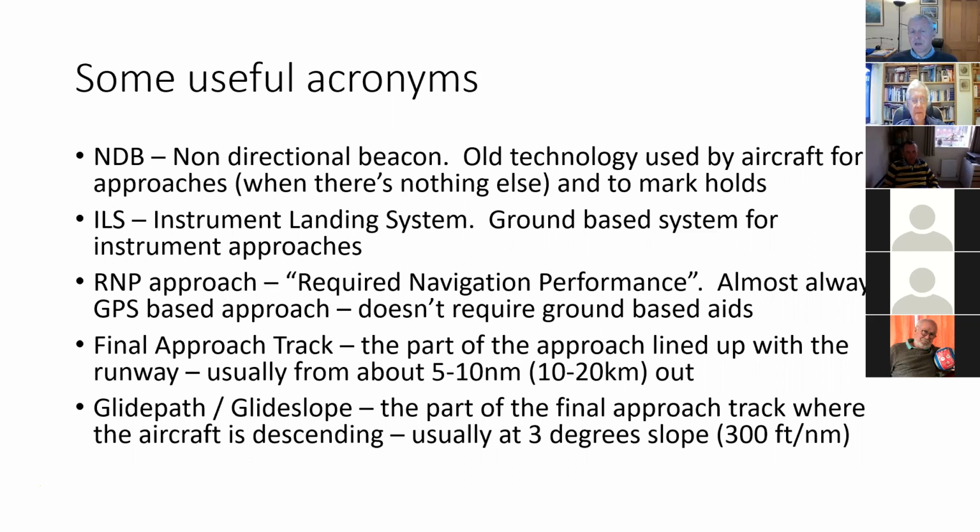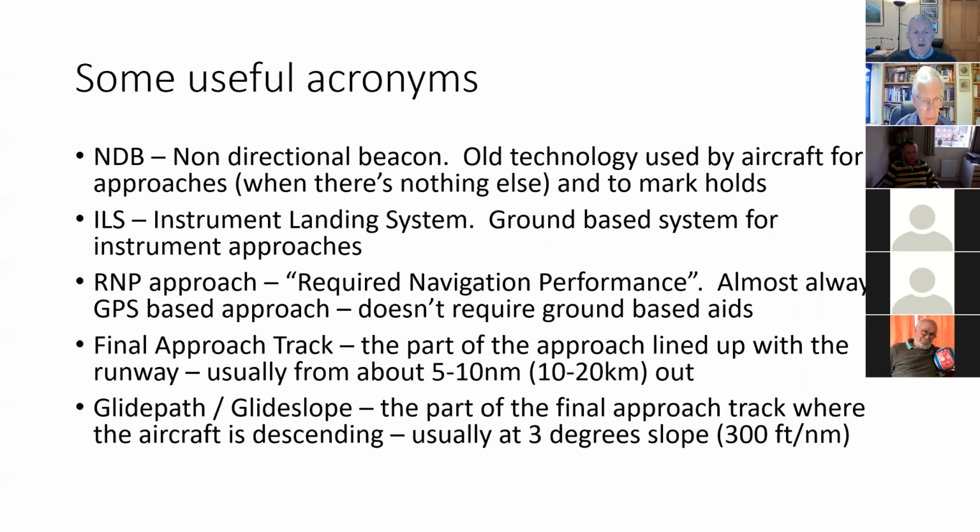That's a ground-based system which gives you three-dimensional guidance down to the runway or close to the runway. More recently, we have things called RNP approaches, which stands for Required Navigation Performance. That's almost always GPS, and it doesn't require ground-based aids.